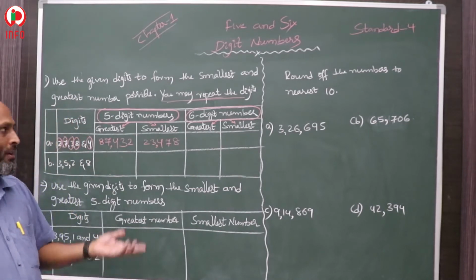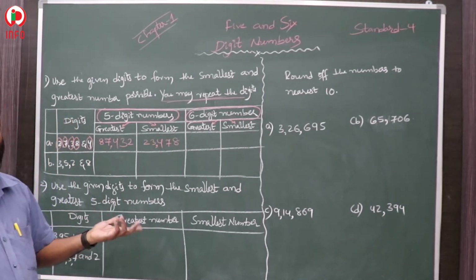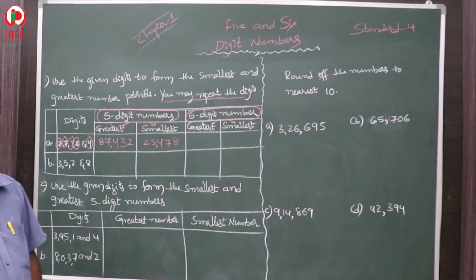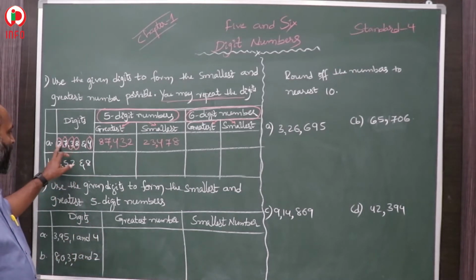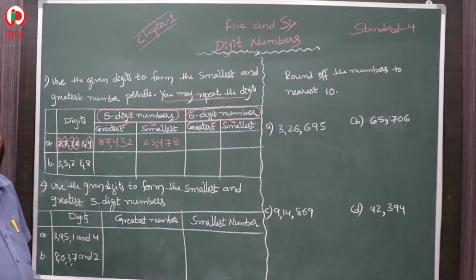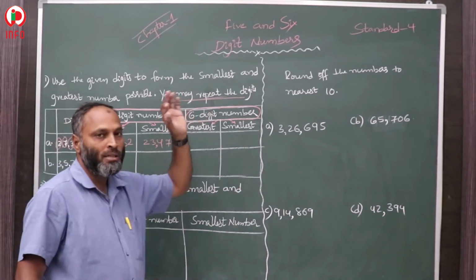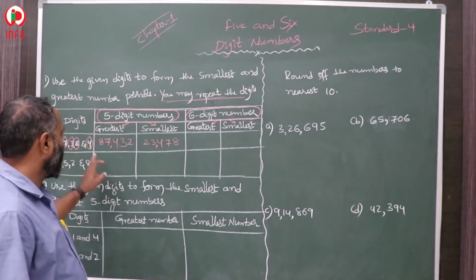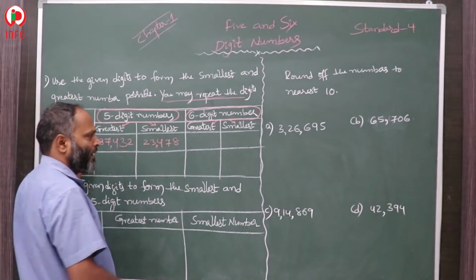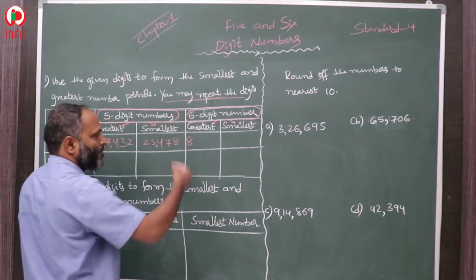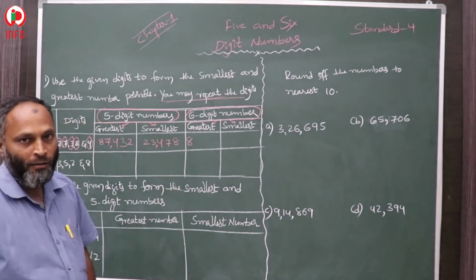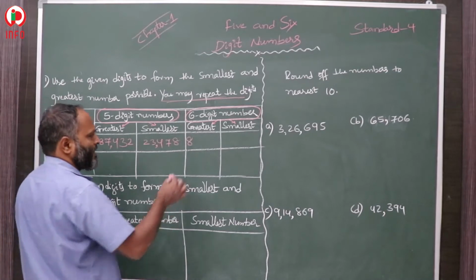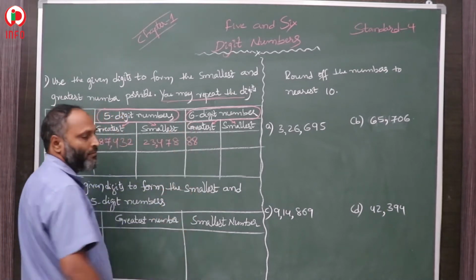So if we require, we repeat a digit. Here there were only 5 digits, but we have to make a 6-digit number. First we take the greatest number, that is 8, and we repeat it twice, 88.